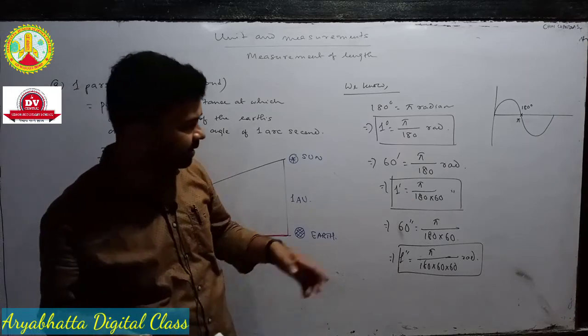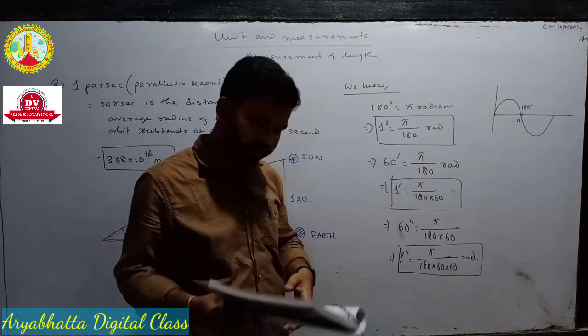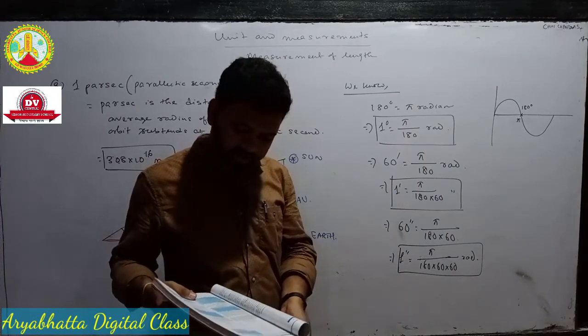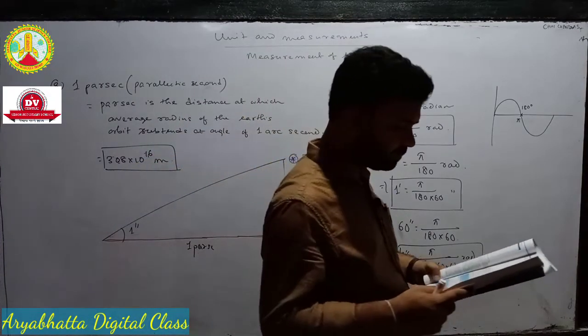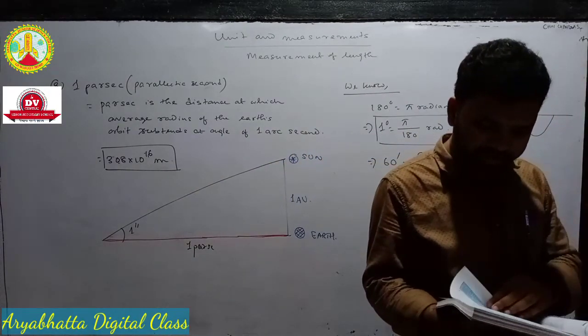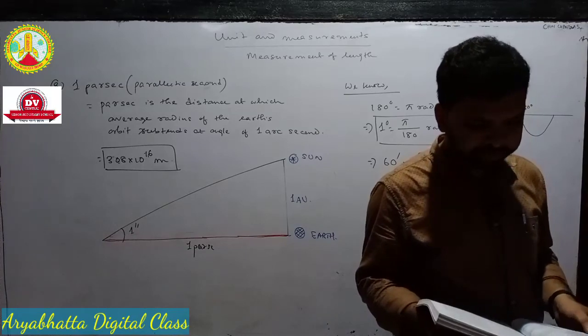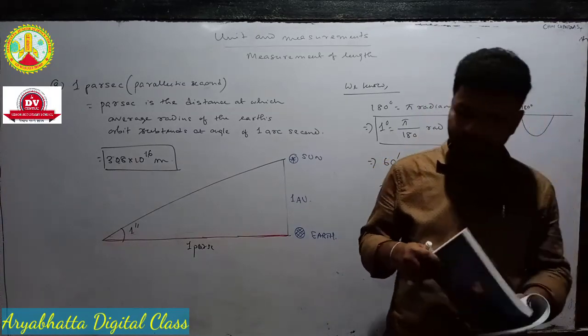If you take pi as 22 by 7 and calculate this value, you will be able to solve question 2.1. The numericals 2.2, 2.3, 2.4, we will do in our next class.